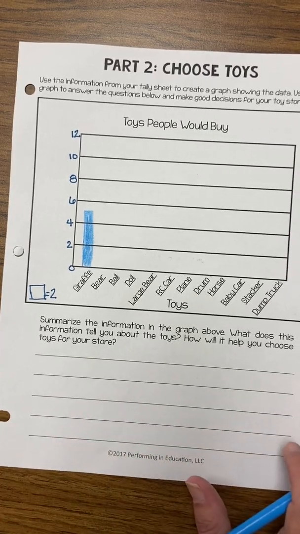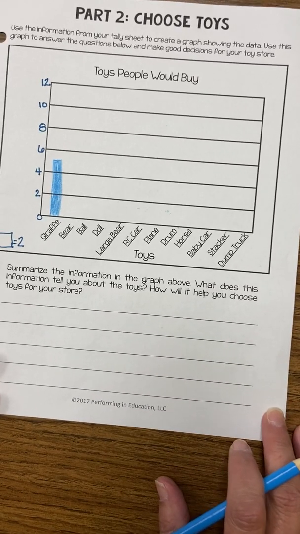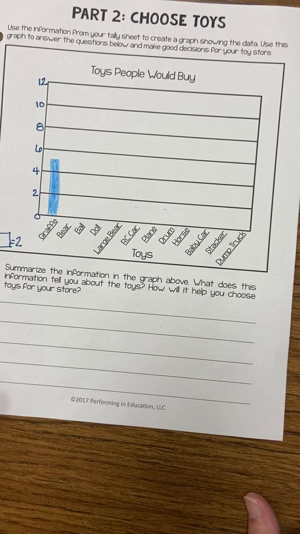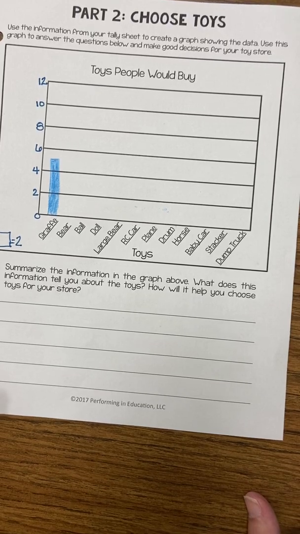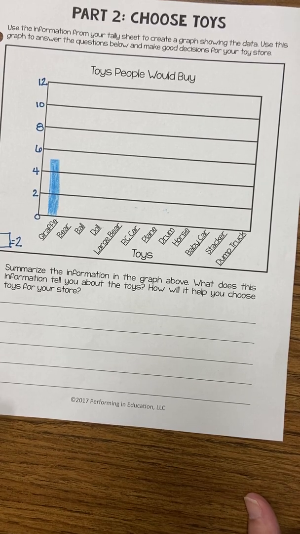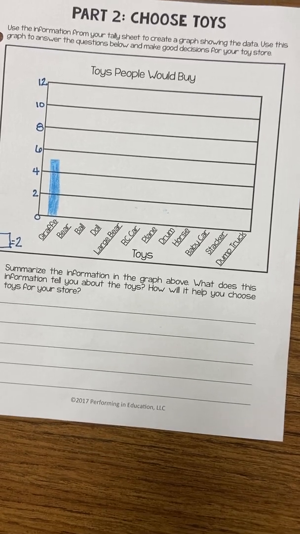When you have finished creating your bar graph, you're going to answer these questions. The first one says, summarize the information in the graph above. What does this information tell you about the toys? How will it help you choose toys for your store? Well, that's as simple as just telling me what information this graph gives you. What is it telling you? Is it telling you the favorite toys?